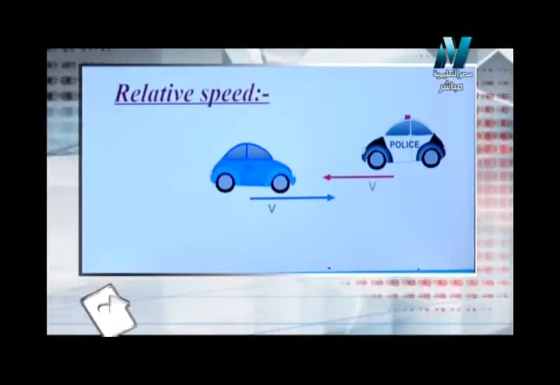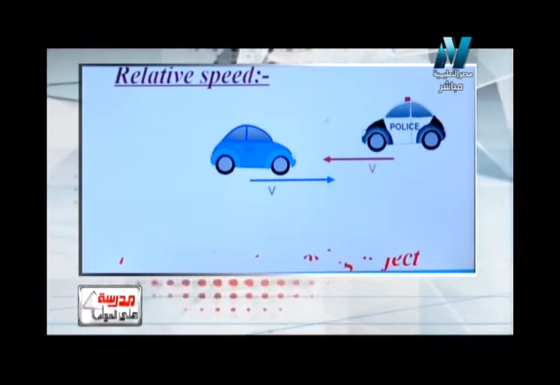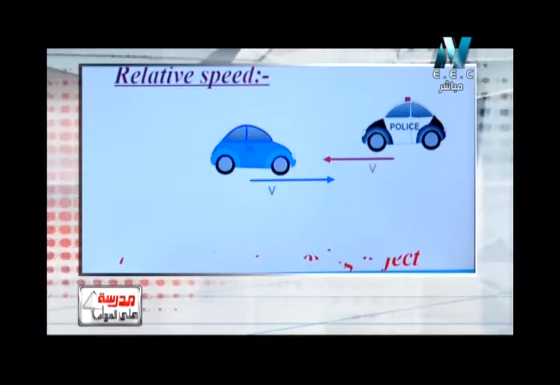Let's see together, dear students, relative speed, sorry. As we have here relative speed, we have two objects as you see, one a police car and another a civilian car.